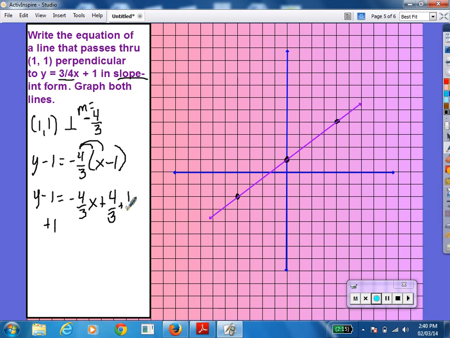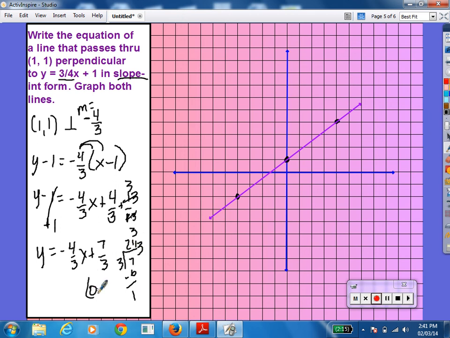So we're going to add 1. So y equals -4/3 x. And then we're going to add this. We're going to have to multiply it times 3 to get common denominators. So it'll be 3/3. So that gives us 7/3, which to find our y-intercept, again, we need to do 3 into 7, which is 2 and 1/3.